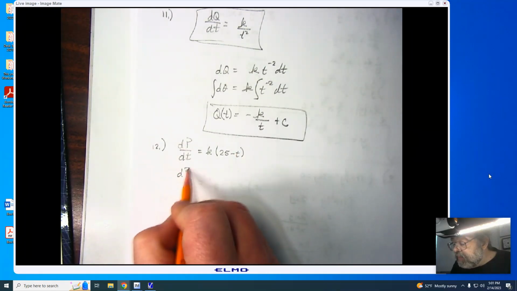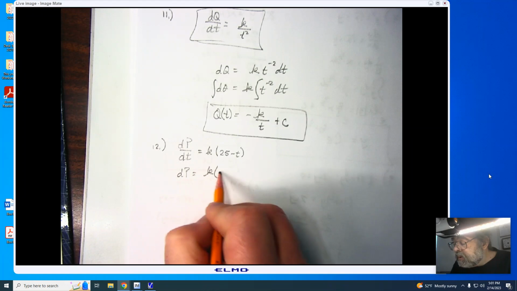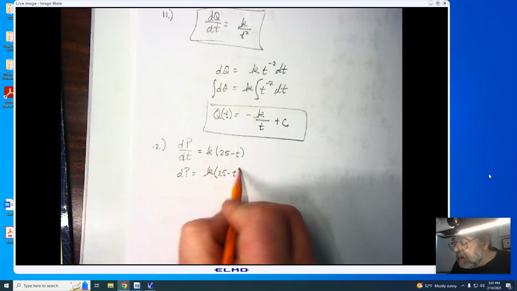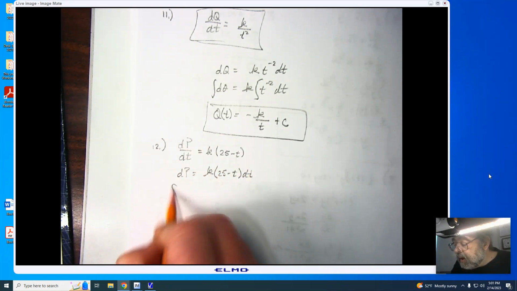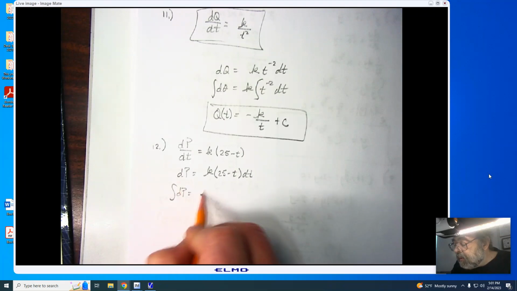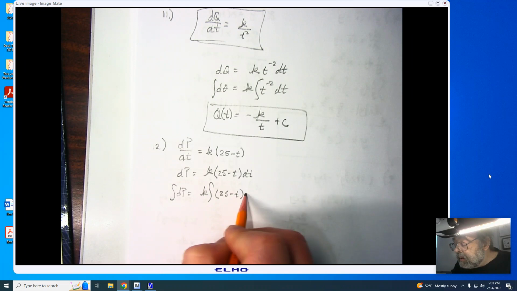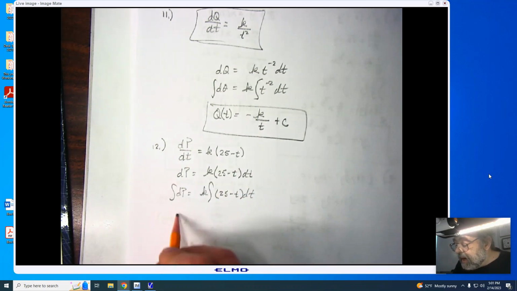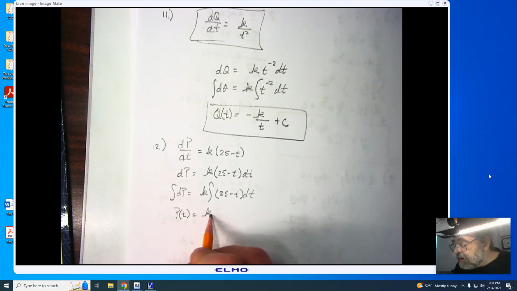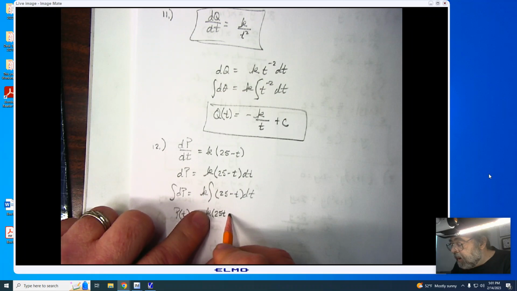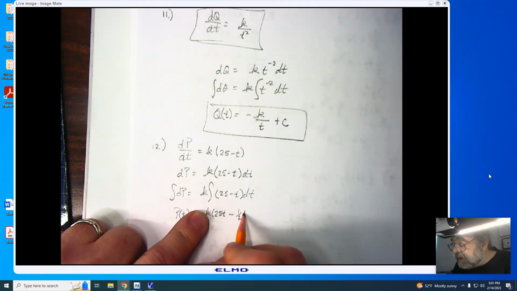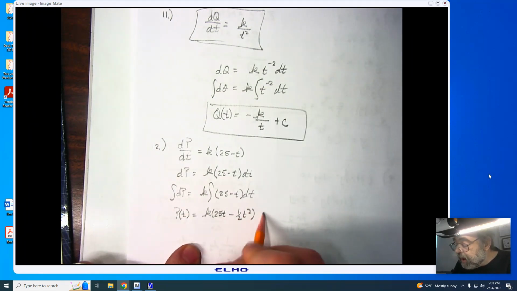Separating my variables, dp equals k (25 minus t) dt, integrating dp, integrating k (25 minus t) dt. I get p in terms of t is equal to k times 25t minus 1/2 t squared plus c.